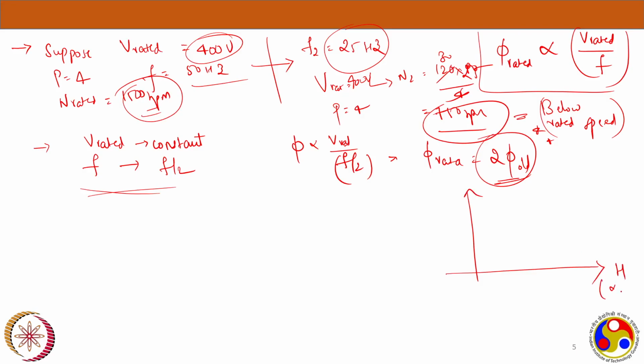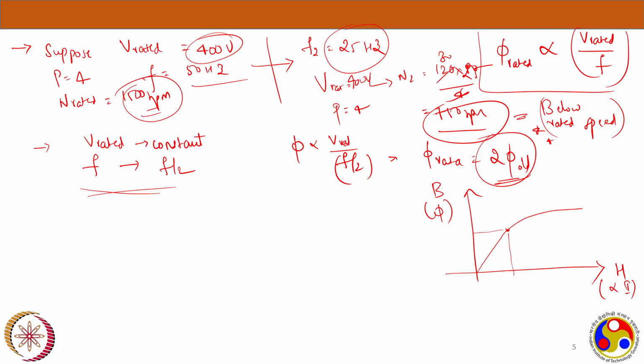This is H. Usually it is proportional to Ni, so it is proportional to current, and this is B, which is proportional to flux, because flux is equal to B into area, and area is a constant. Once it is in the core, it is proportional to flux. Now you might have observed that the BH curve is not linear all the way. You will have a knee point here, where it settles.